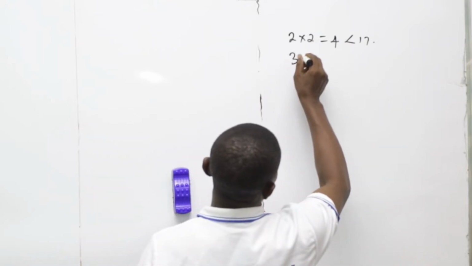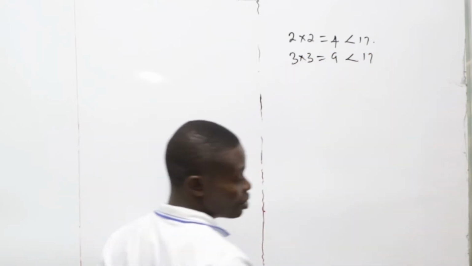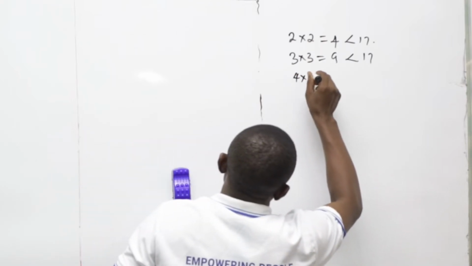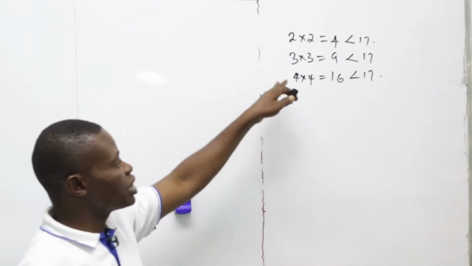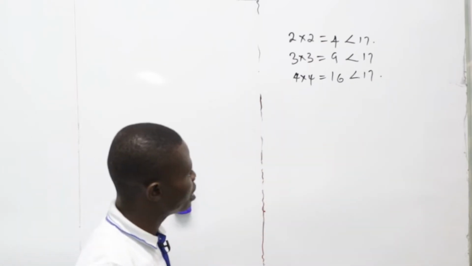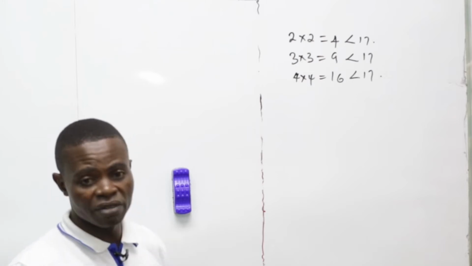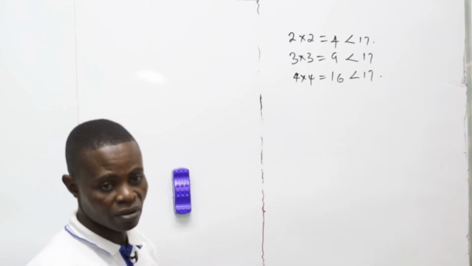Another number, 3 times 3 equals 9. It's less than 17. We say no to it. The next two uniform numbers, 4 times 4 is 16, less than 17. If you check the 3 we have applied, 4 times 4 is the one that is very close to 17. Therefore, we are choosing 4 times 4.